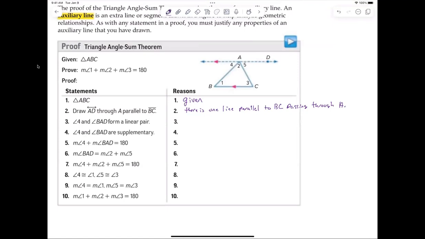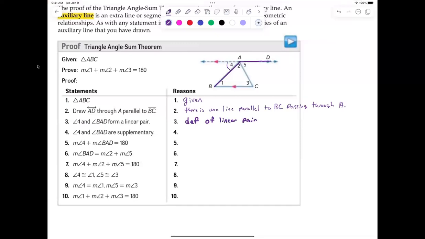Now, number 3, angle 4. So I'm looking at angle 4, and I'm looking at angle BAD. If we're looking at BAD, I'm looking here, BAD, and that forms a linear pair. And what I really want you to write down is that's just the definition of linear pair.